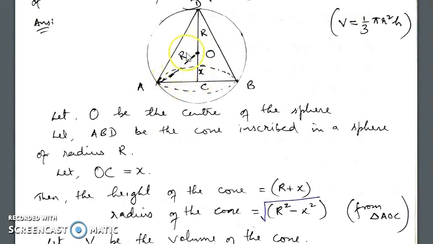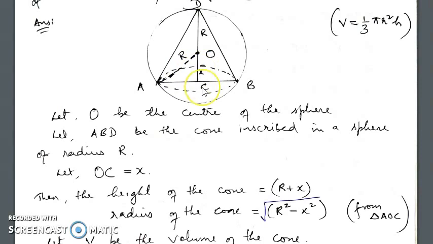Hypotenuse is R, perpendicular is X. To find the base, base square is hypotenuse square minus perpendicular square.